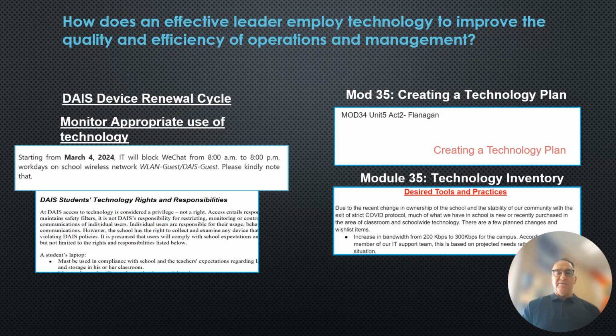And again, given the limited information that I had at our school, I was able to gather, just kind of going around and doing an informal inventory of the number of devices we have and the upkeep, and talking to our IT staff about how they best support us. And that was very informative. So, Module 35, creating a technology plan, and then our technology inventory was also very, very helpful in this area.